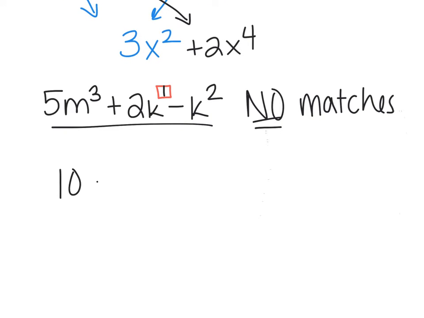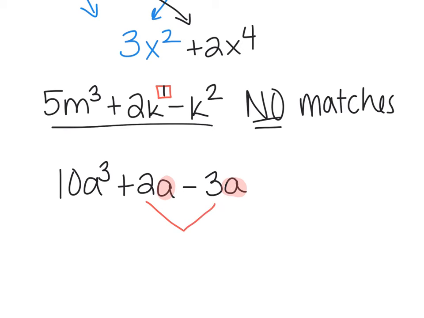Next we have 10a to the third plus 2a minus 3a. So again, we're looking for matches. Well, here I can match a to the first and a to the first. So I can combine those two. So when I have 2a minus 3a, so that's a positive 2 minus 3, that's negative 1a.